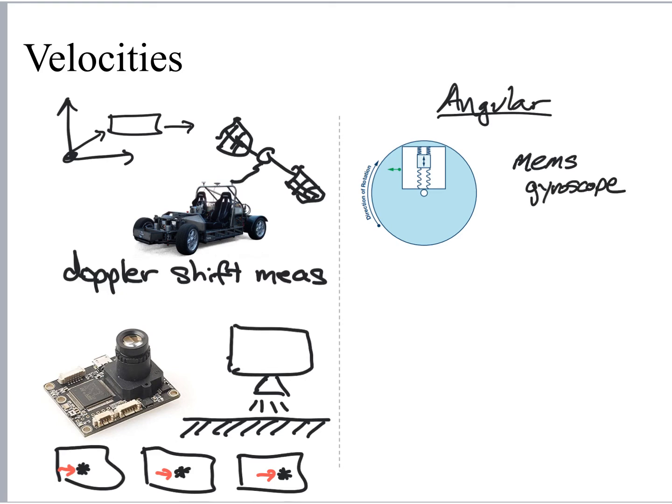And so this MEMS gyroscope involves having a rotor that is suspended off of some fixed base. And within that rotor, you can see that we've suspended some sort of a small target mass, and that target mass vibrates back and forth.